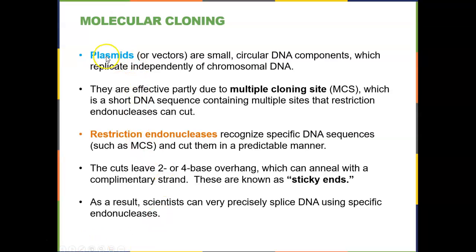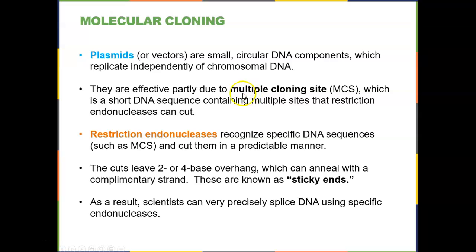So here what we're going to utilize are bacterial plasmids. And these are small pieces of DNA that are found in bacteria, and they can copy themselves without the chromosomal DNA.